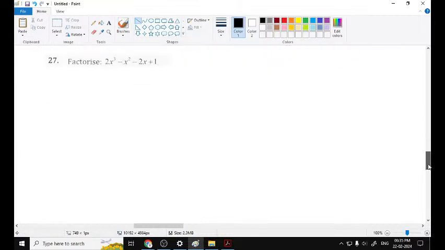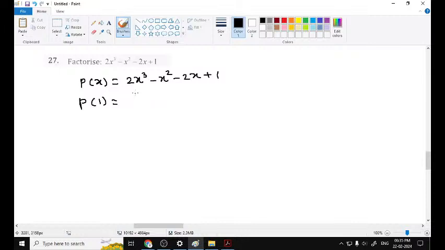The next one is similar. Let us denote this by px. Let us find p of 1. 2 into 1 cube is 2, minus 1 square is 1, minus 2 into 1 is 2, plus 1. This is plus 2 minus 2 and plus 1 minus 1.